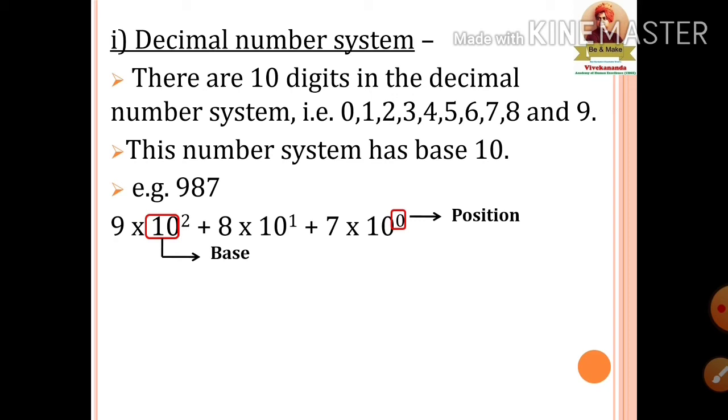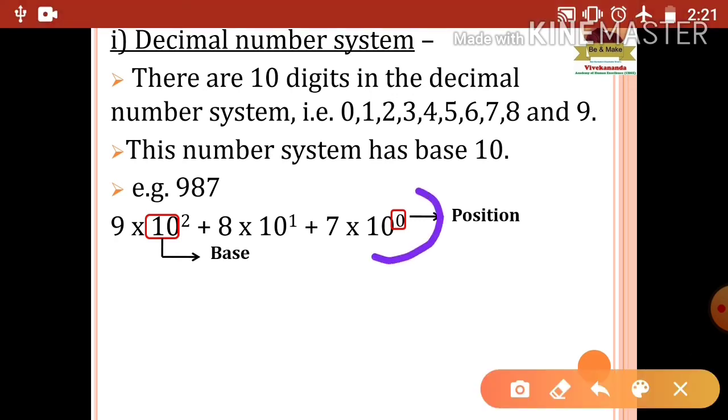Here you might have the doubt how I have represented 10 raised to 0, even if 7 is at the units place. Whenever we are writing a number, the first place is considered as the units place, but whenever we are showing that number in an exponential form, we write down the position of the number as an exponent to the base, and that position will always start with number 0.